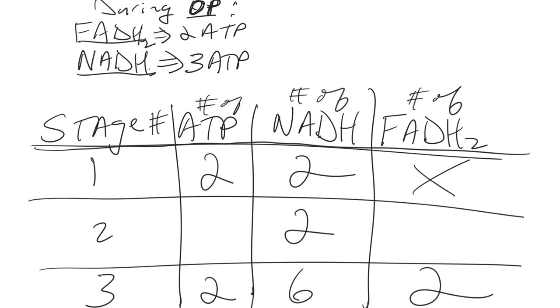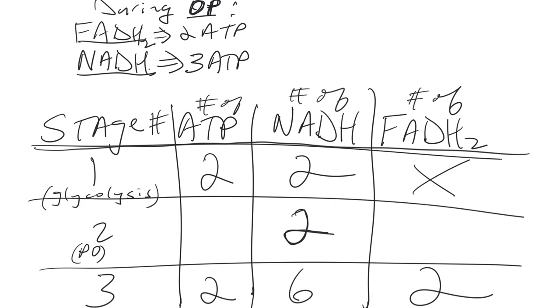So in the first stage, glycolysis, we only have 2 ATPs and 2 NADHs that are charged up. In the pyruvate oxidation stage, PO stage, second stage, we have 2 NADHs charged up.